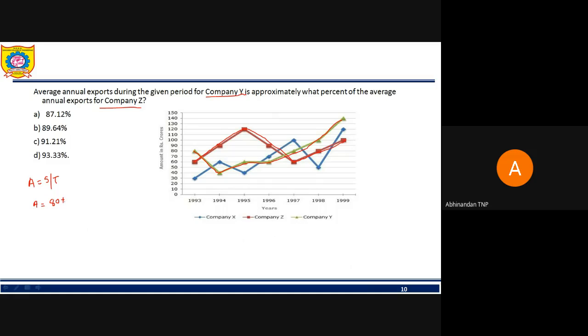This is 80 plus 40 plus 60 plus 60 plus 80 plus 100 plus this is 140, divided by the average export for the company Z. Because sum divided by total gets cancelled, only the sum will be there.